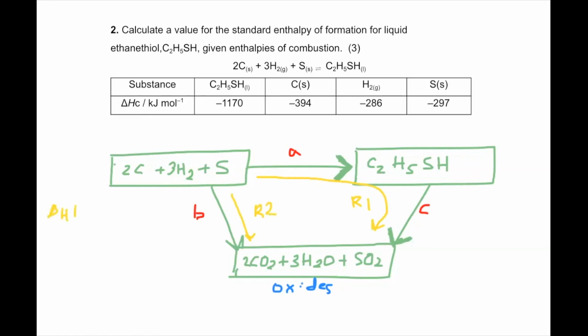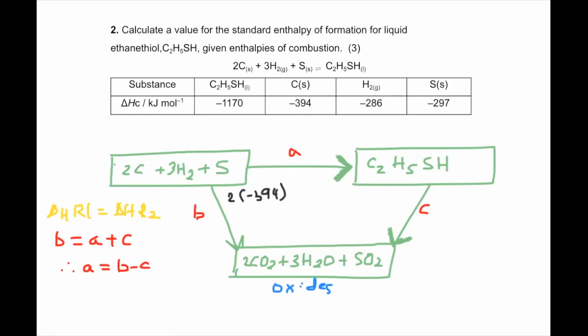So now we can write an equation to say route 1 is equal to route 2. This time we have B is equal to A plus C. Rearranging, we get A is equal to B minus C. Now we are going to put the values in from the table.